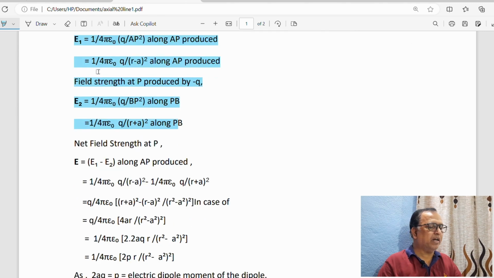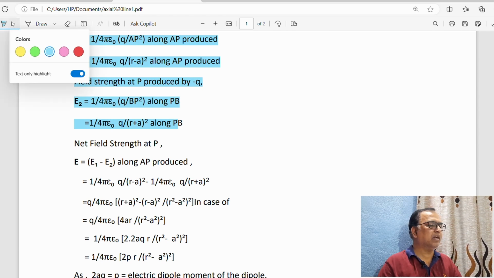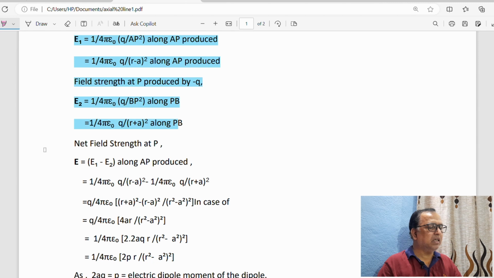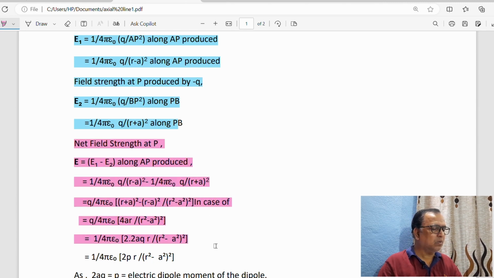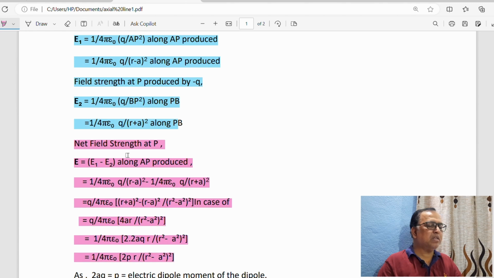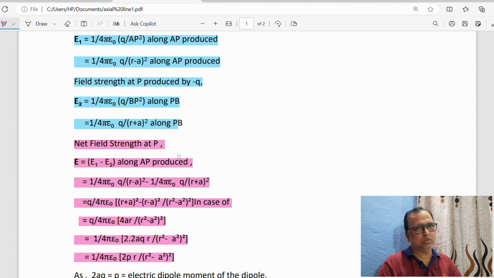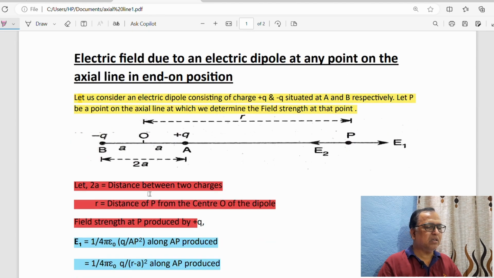Then we find out the net field strength E at P. E is equal to E1 minus E2, where E1 is along AP produced and E2 along PB.